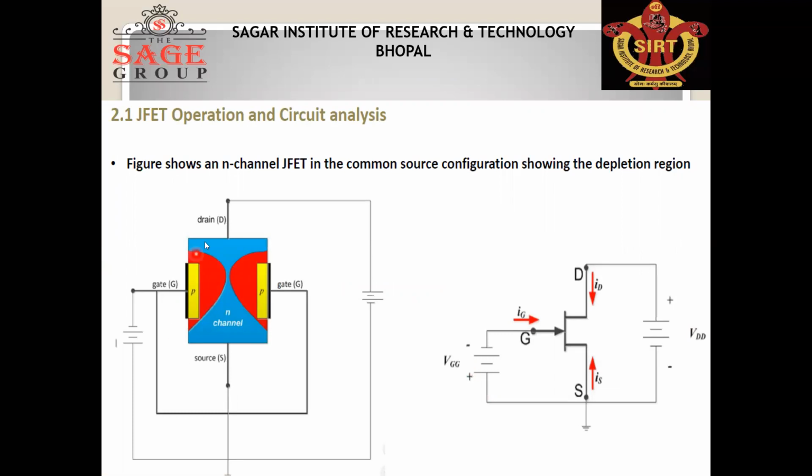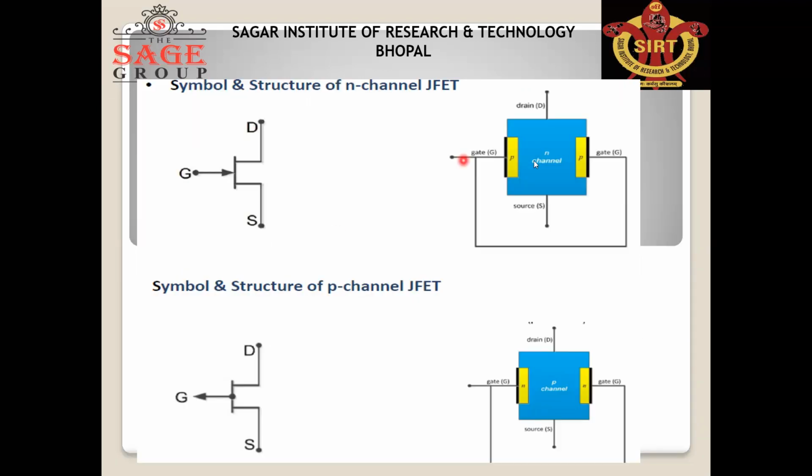This is the N channel JFET, and as soon as the PN junction is formed, here the PN junction is made: we diffuse the P-type semiconductor into the N-type semiconductor, and after diffusion the PN junction is formed at the boundary of P-type and N-type semiconductor.